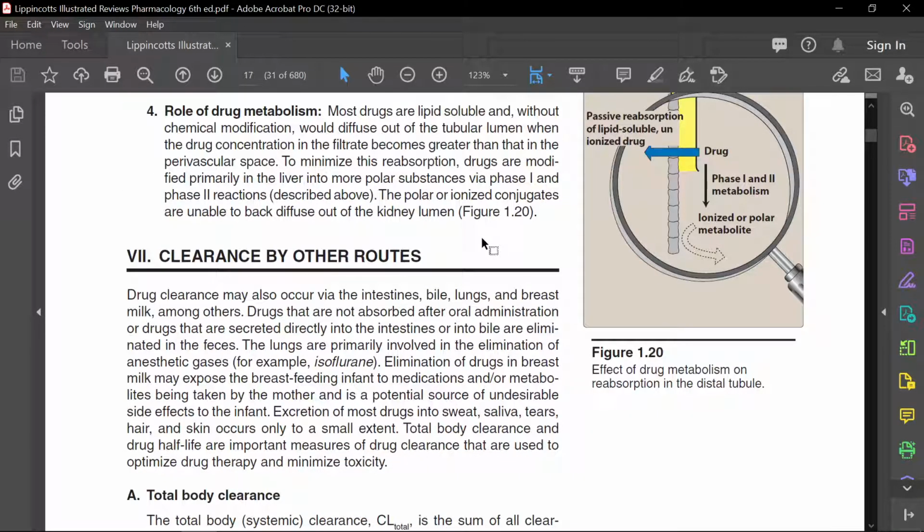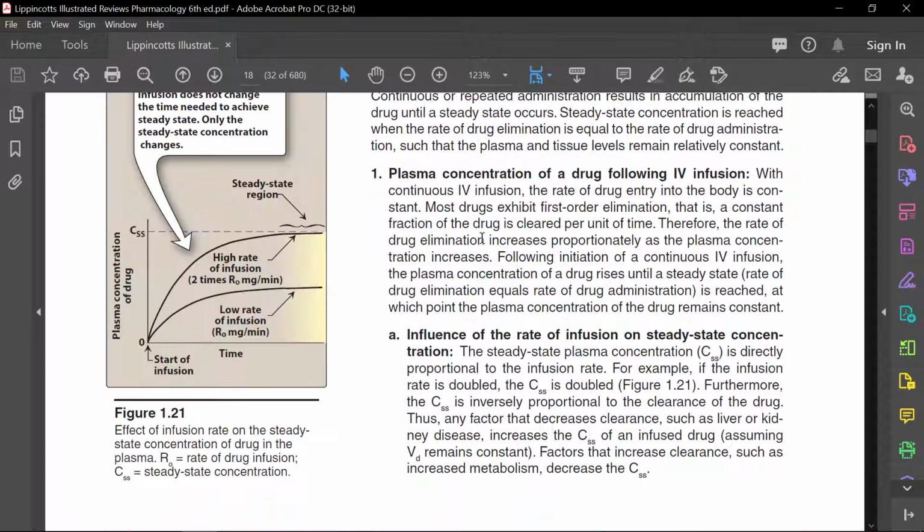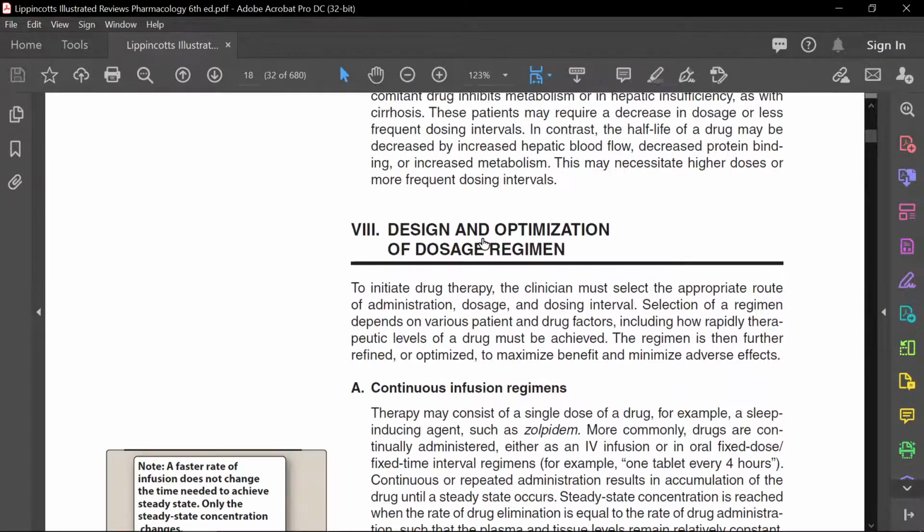And the last question, I think, for pharmacokinetics is clearance by other routes, including the total body clearance, and then also the design and optimization of dosage regimen. That is in the next question.